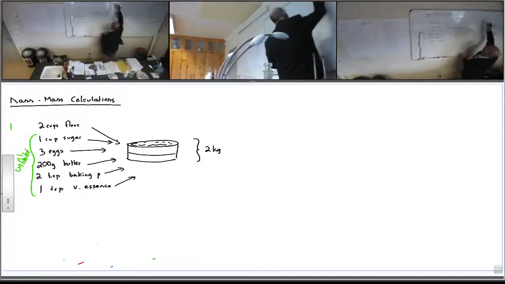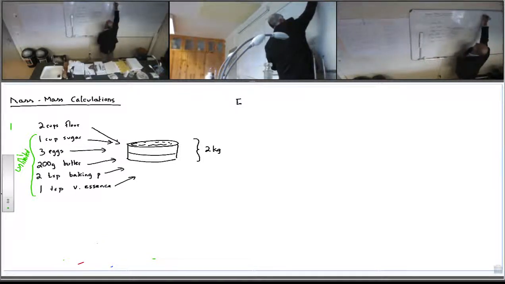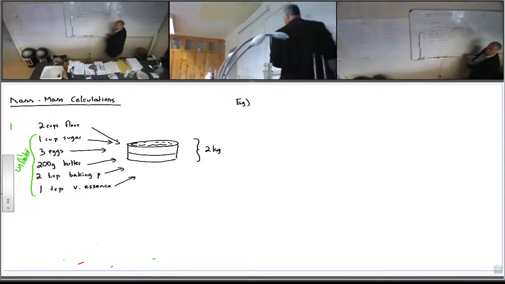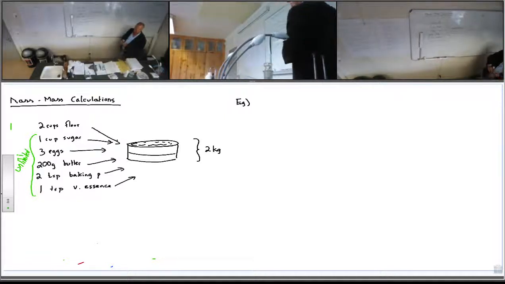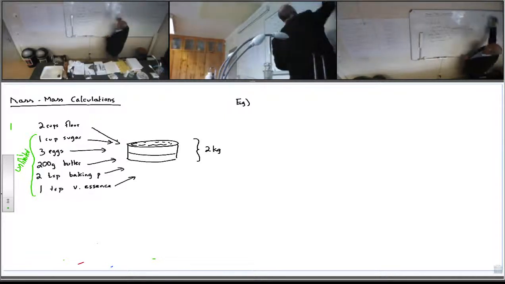Okay, so let's start off over here with an example. Write it down, and we see what we can do. We'll keep it simple.